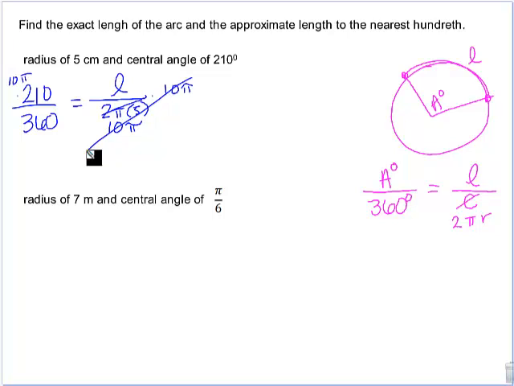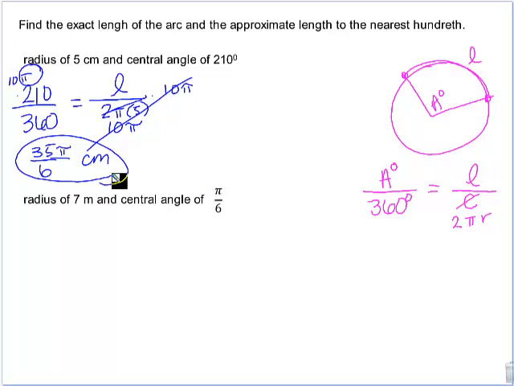And so as an improper fraction, what would this be? 35/6. So 10 times 21/30 is 35/6. We still have the pi though, so where would that go? At the top. So we have 35 pi over 6 centimeters would be your exact length.